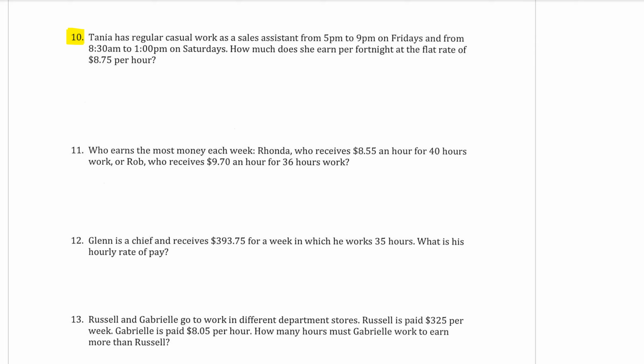Okay, let's go through that again. Tanya has regular casual work as a sales assistant from 5 p.m. to 9 p.m. For this part, we need to know how many hours that is. So 5, 6, 7, 8, 9 means that is 4 hours that she works on Fridays. And she works from 8:30 to 1 p.m. on Saturdays.